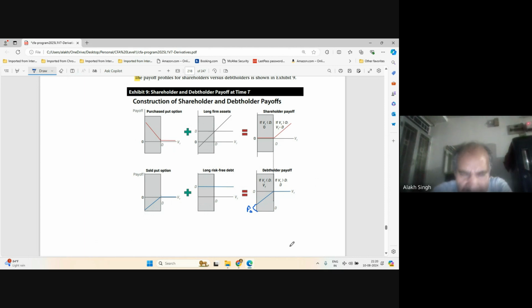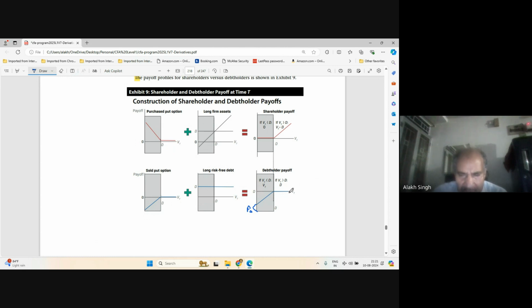That's why this one starts not from zero but above zero, and here is the exercise price. If the value of the company is more than the exercise price, they are not getting anything extra. All they can get at maturity is a maximum of D. So it remains fixed, and whatever the gain is, that is taken away by shareholders.